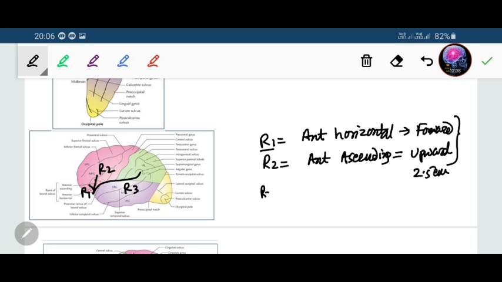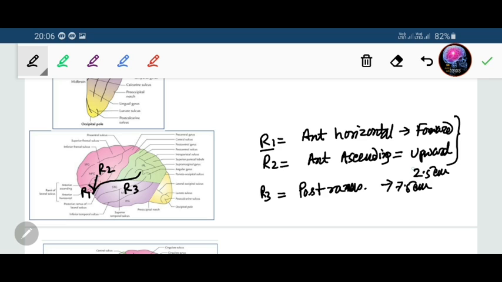Regarding R3, it is the posterior ramus, which is the main part of the lateral sulcus, and it is the largest ramus. It is about 7.5 centimeter long, thrice the length of R1 or R2, and runs posteriorly and slightly upward across the superolateral surface.